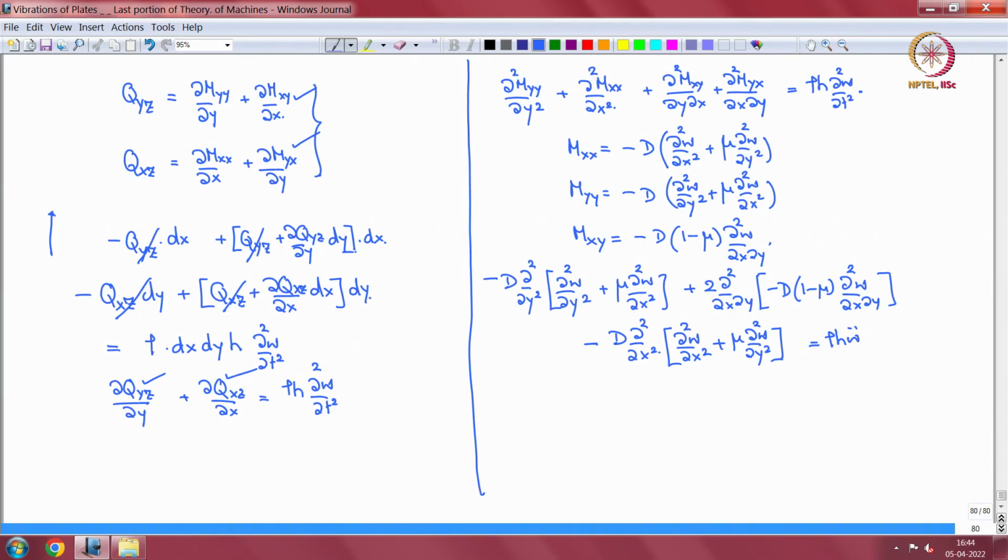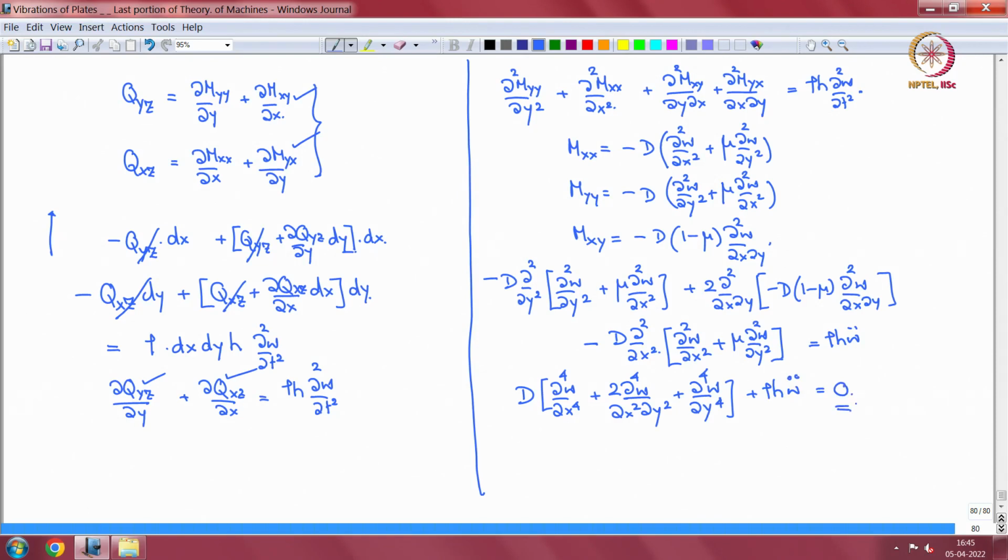Okay, so this result is D times del 4 w by del x4 plus twice del 4 w by del x square del y square plus del 4 w by del y4, plus rho h w double dot is equal to 0.